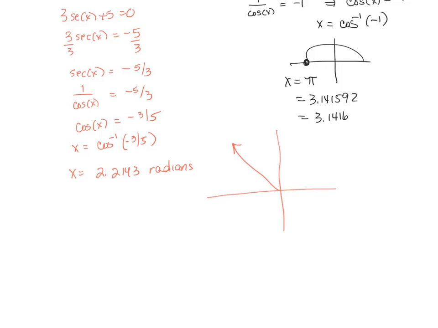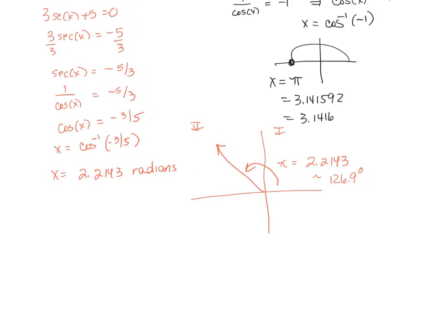The restricted domain for cosine is quadrants 1 and 2, and so it has given us this angle here, x equal to 2.2143 radians, which is approximately 126.9 degrees. The problem is there is a second angle in quadrant 3 where cosine is also negative.